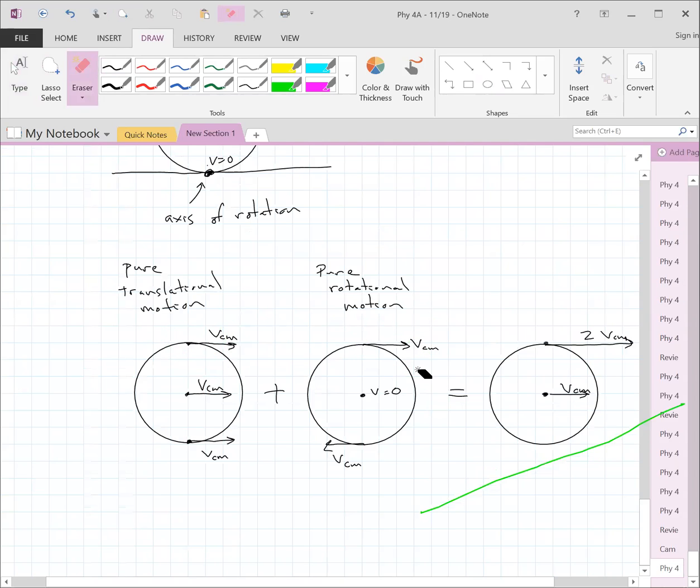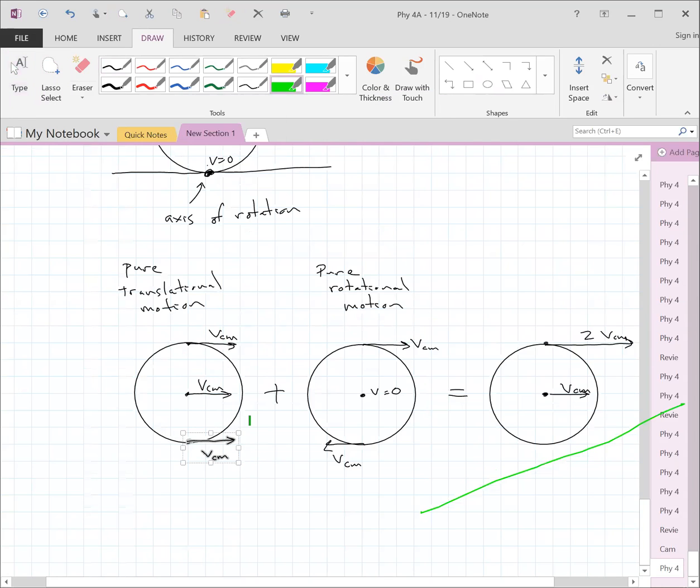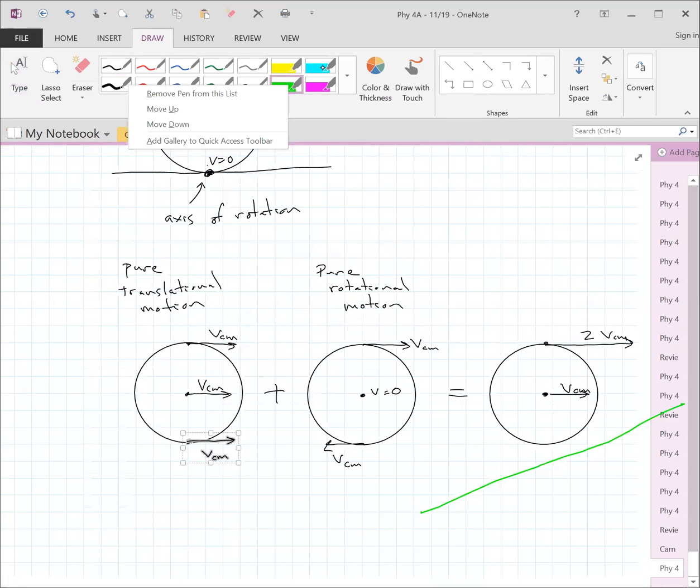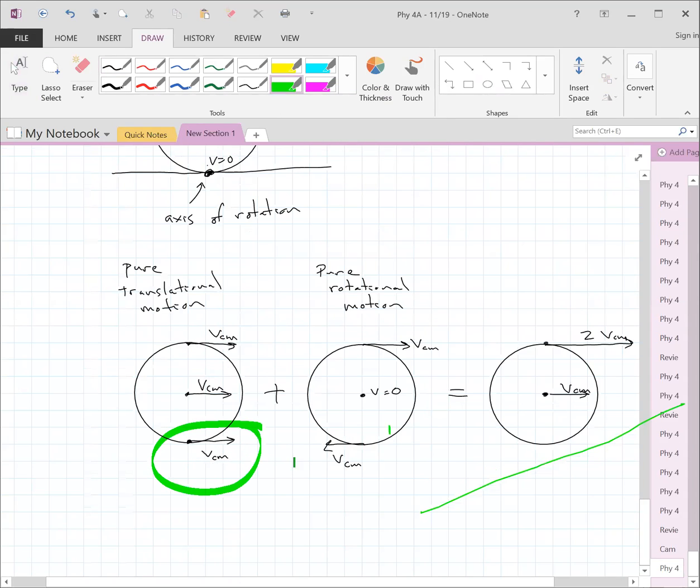And the points at the bottom, we're going to add those two together. What are we going to get? 0.